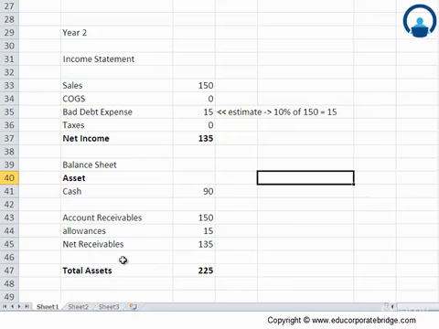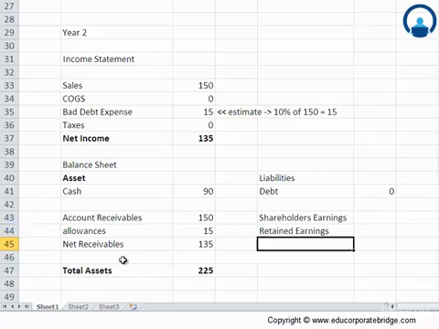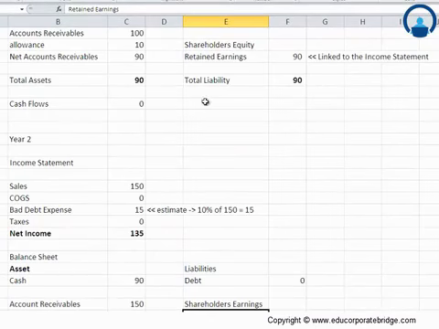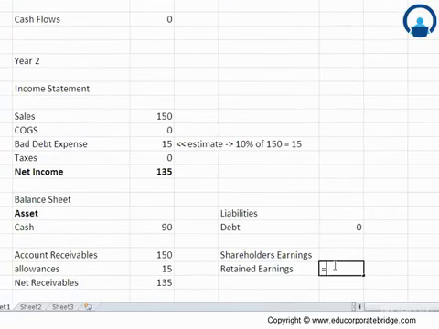What about the liabilities? The liabilities actually start with debt, and again here this will be 0. The second item which we had taken earlier was shareholders equity, where we talked about the retained earnings. The original retained earnings was 90. So this is linked to the income statement.